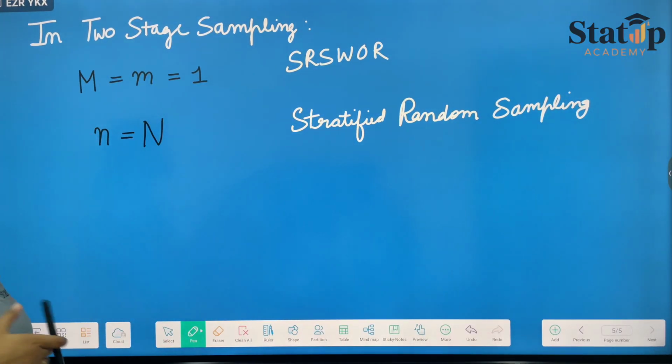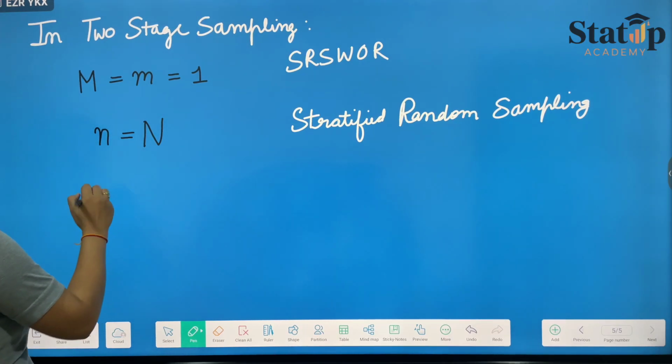If capital N, the clusters in the population, is equal to small n, the clusters we select in stage 2, if both of them are equal, then two-stage sampling gets converted to stratified random sampling.